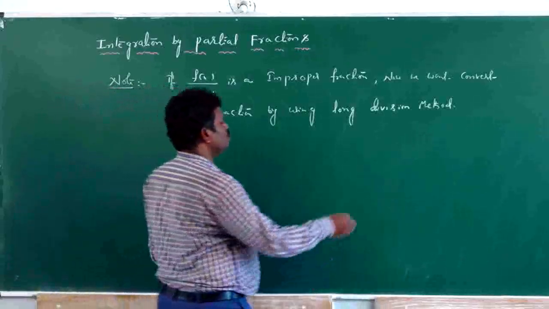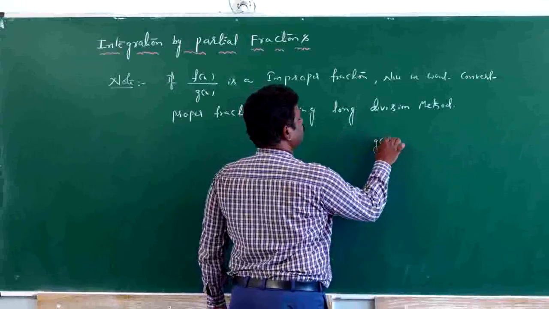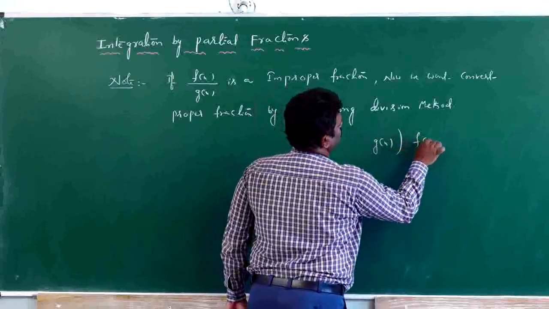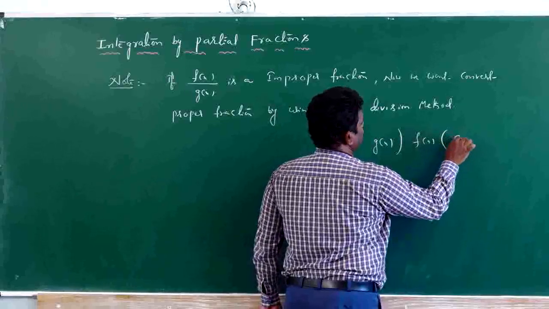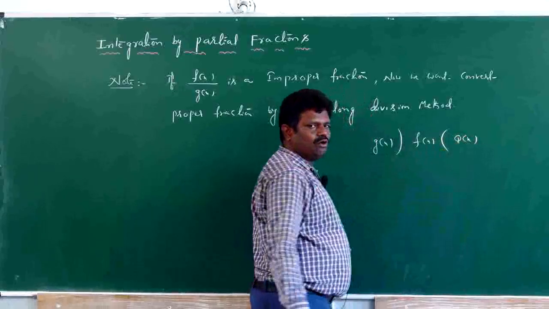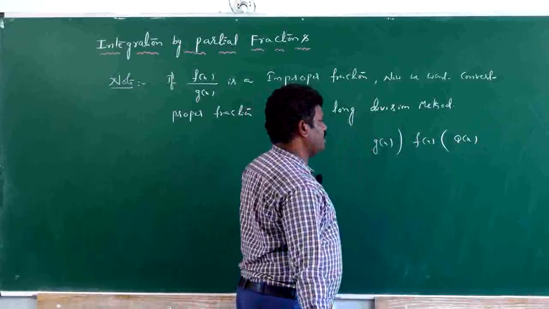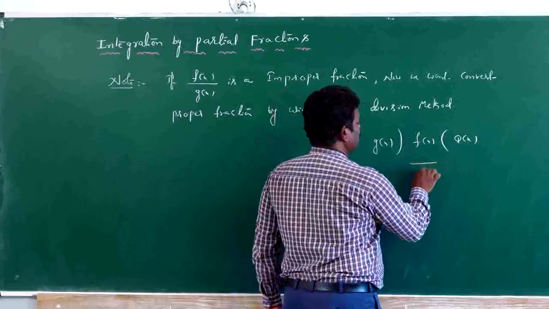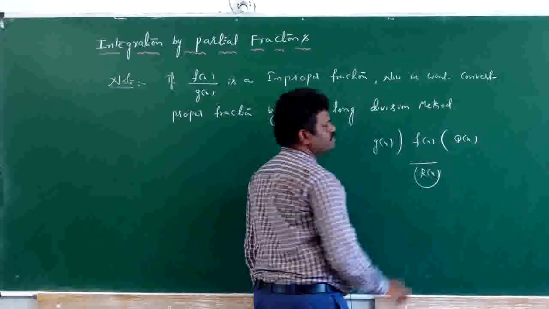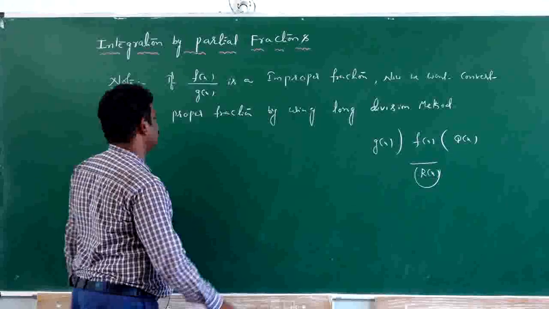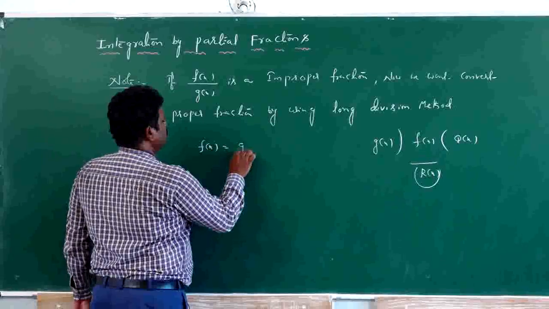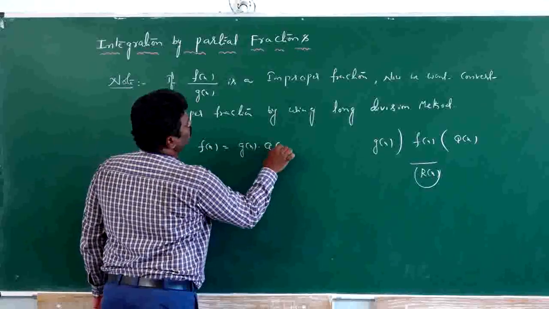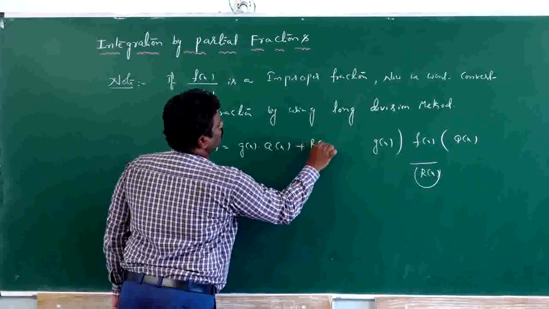So we divide f of x by g of x and get a quotient q of x and a remainder r of x. Now we apply the division algorithm: f of x is equal to g of x into q of x plus r of x.